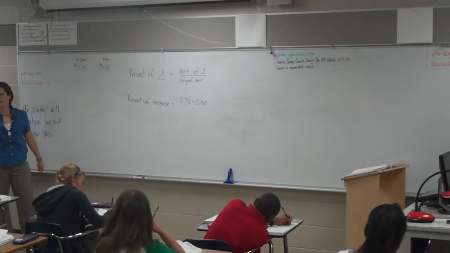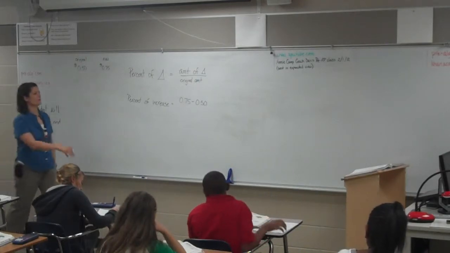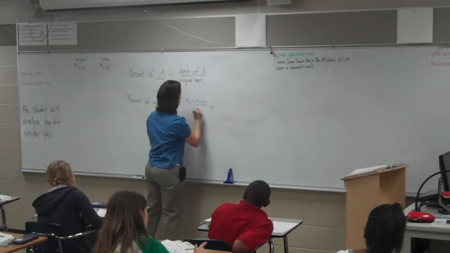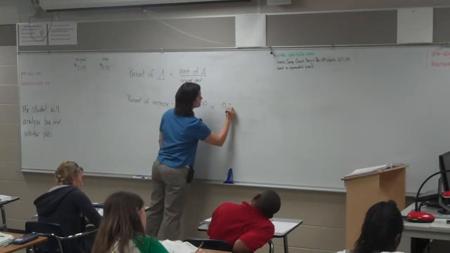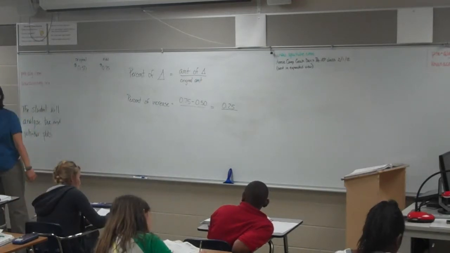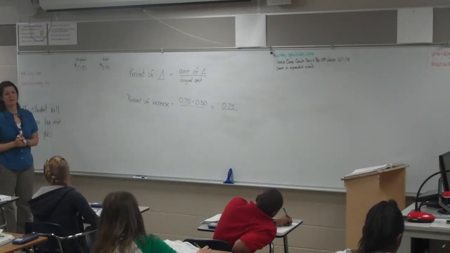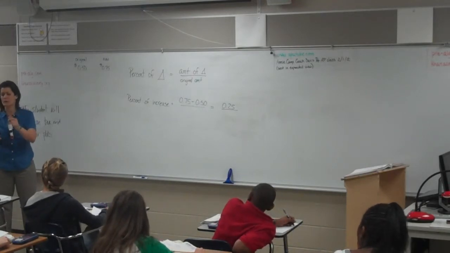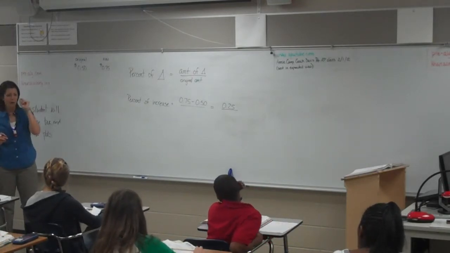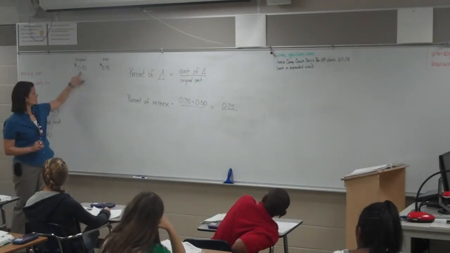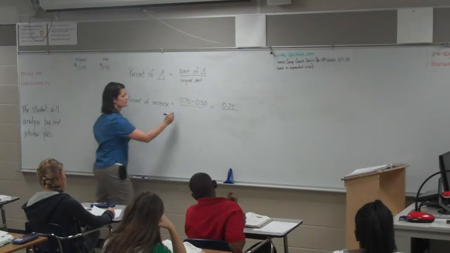What was the amount of change? A quarter, 25 cents, which is 75 cents minus 50 cents. Now, in our percent of change, we always put it over the original amount. Always, always, always. Not the biggest number, always the original amount. What was it originally? 50 cents.